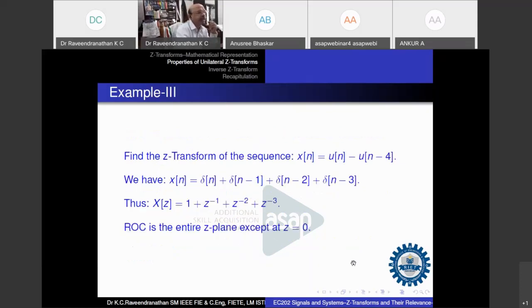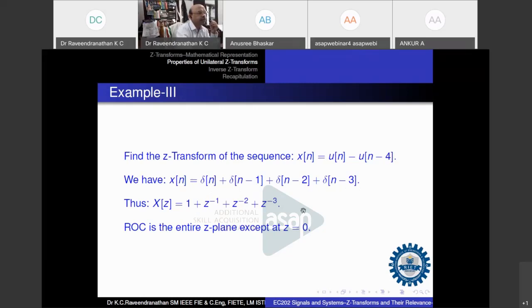Then the third example is a transform of this case. You apply the rule. You can write u n minus 4, a signal having only 4 delta signals, delta n minus 1 plus delta n minus 2 and delta n minus 3.